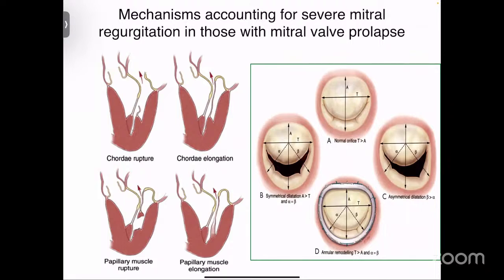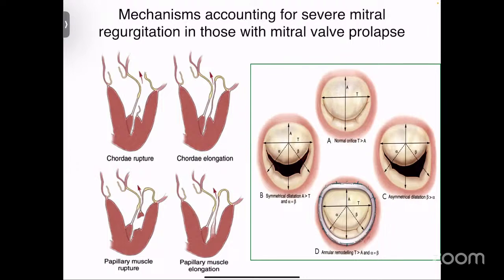Chordal rupture can be related to an underlying collagen disorder, underlying papillary muscle fibrosis or dysfunction, bacterial endocarditis, or some other conditions that were previously mentioned.